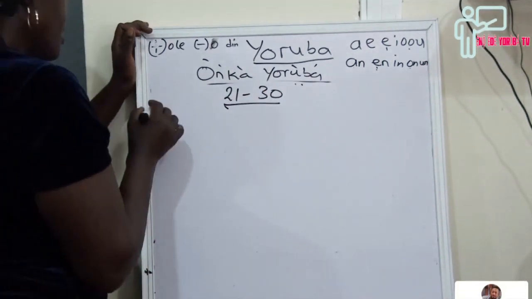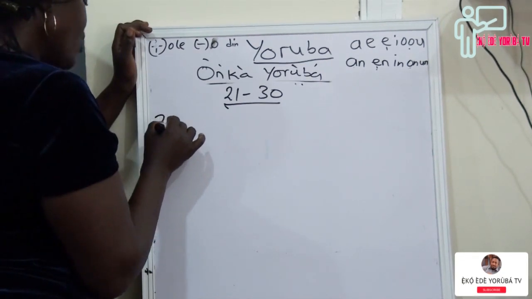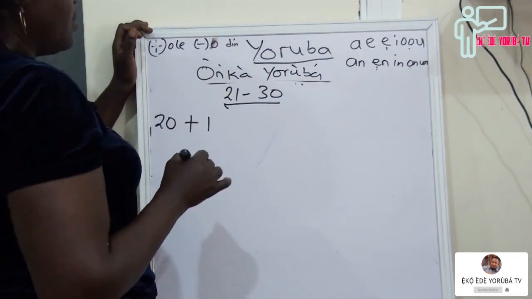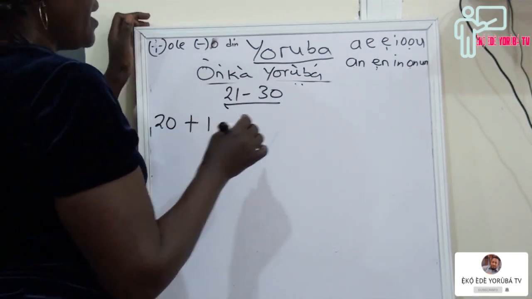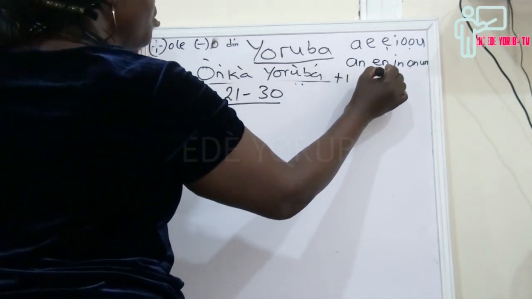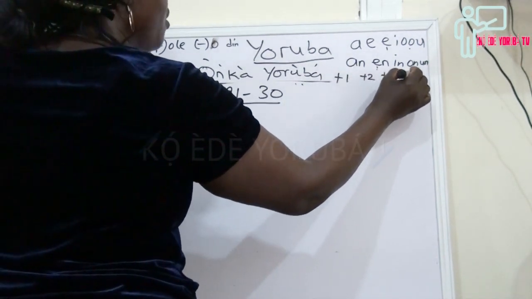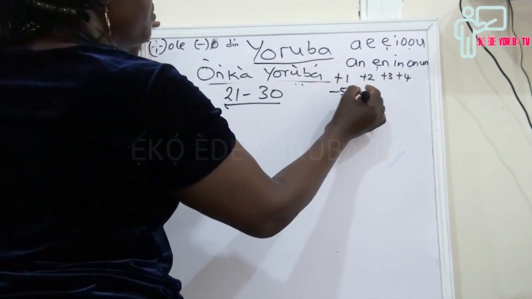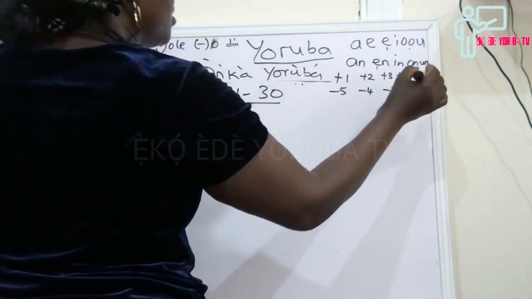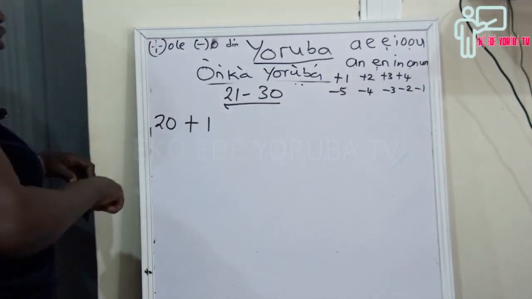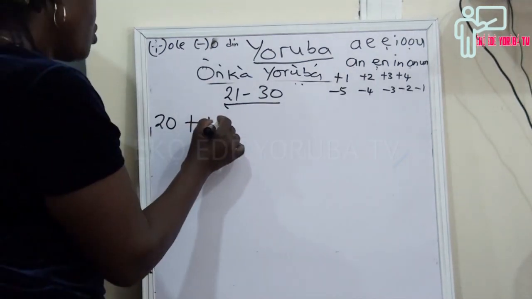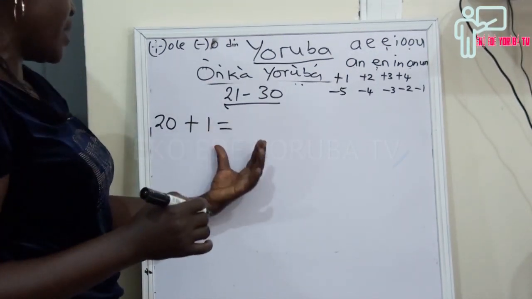We now say this is 20 plus 1. You could remember that I've said plus 1, plus 2, plus 3, plus 4, minus 5, minus 4, minus 3, minus 2, minus 1.